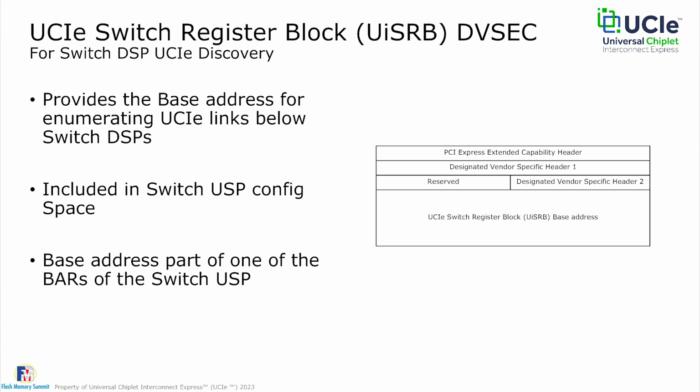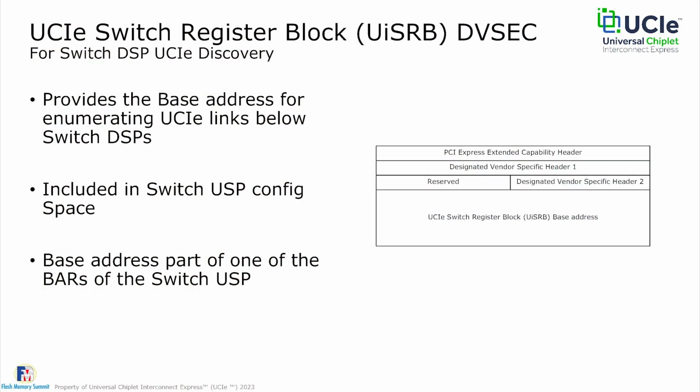So there are two kinds of register blocks, right? There's the host register block, which is called the UCIe register block, and then there's a switch register block. It's just called UISRB, right? That provides the base address for enumerating the UCIe links below the switch downstream ports, and it has to be included in the switch upstream config space. We talked about how the host does it, right?